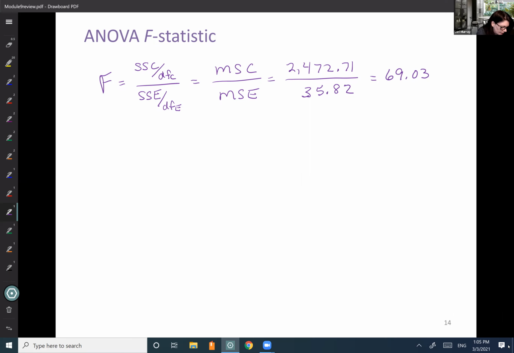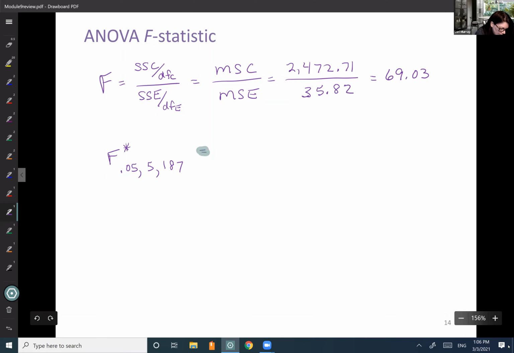And we now need the critical value. So that's the observed value for F. We need now the critical value for F from the table. So let's use alpha of 0.05 and 5 degrees of freedom for the groups and 187 degrees of freedom for the error.